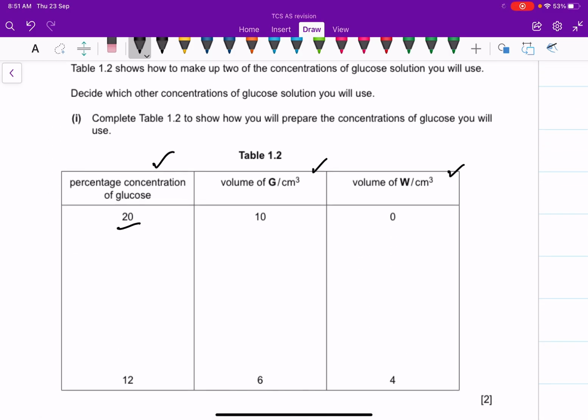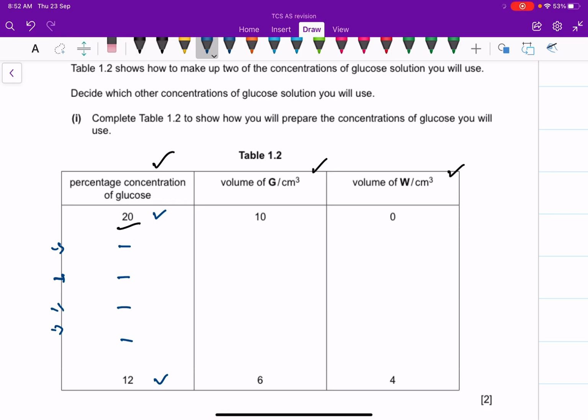At least there must be 5 concentrations that you have to prepare, and they should be from 20% to 12%. The concentrations that you decide should have equal intervals: 20, then lower than 20, then the next lower than that, and the next, and the next. So 1, 2, 3, 4, 5, and 6. It makes 6, or maybe at least 5 concentrations.